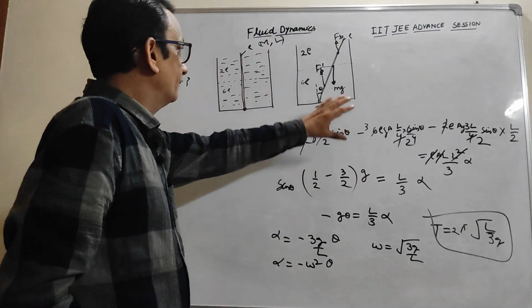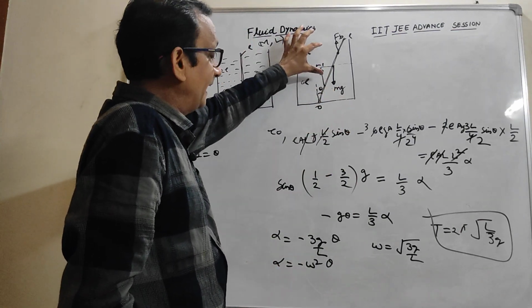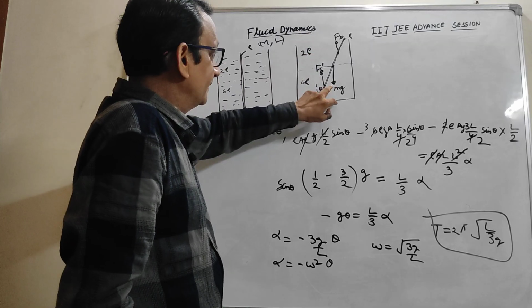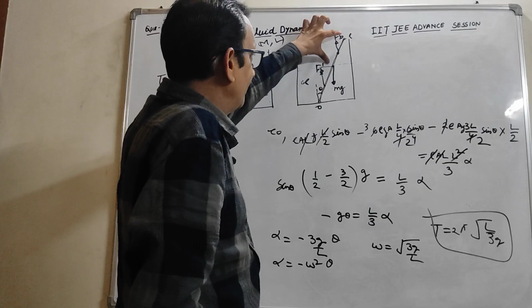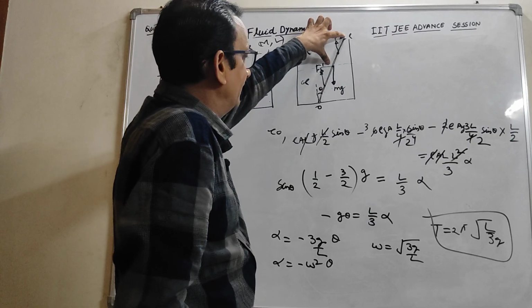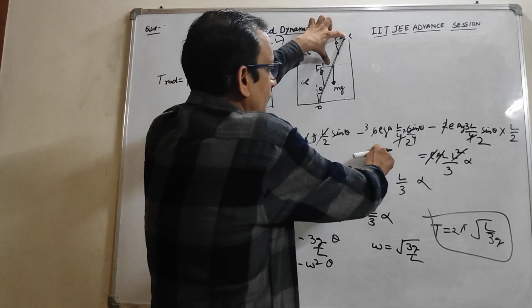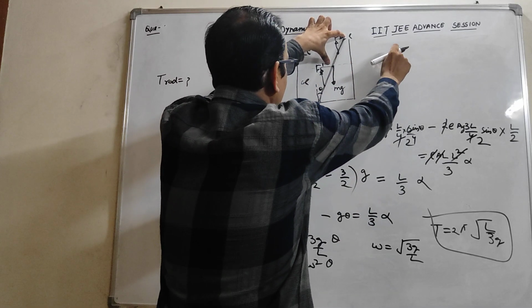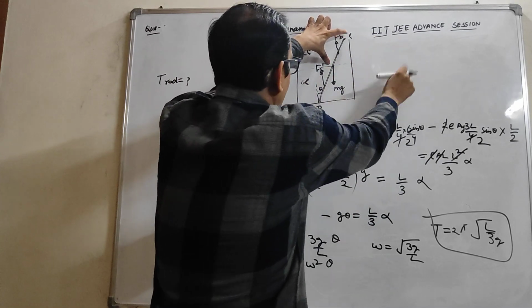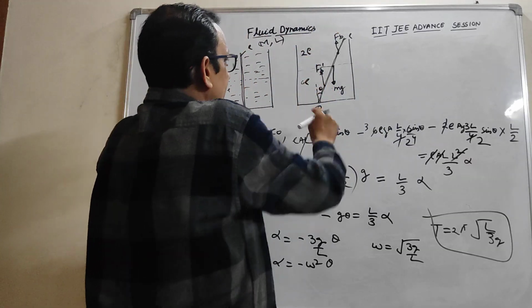Here, first we wrote the buoyant force. When the buoyant force is written for this particular length and for that particular length, and we directly applied it, the confusion is created here. If we separate them out, calculate the buoyant force FB naught and FB, then we apply the torque.